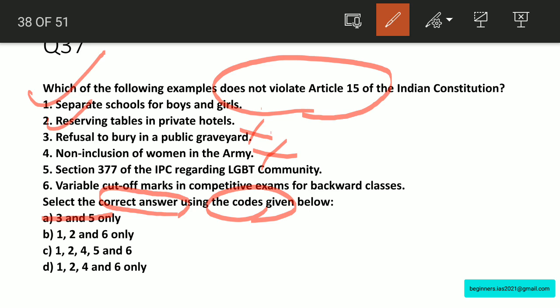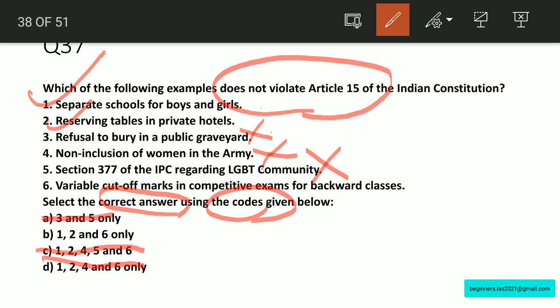And if you take Section 377, it is not related to Article 15. Therefore this is also wrong. Those are all wrong statements, therefore we can eliminate them from the options.